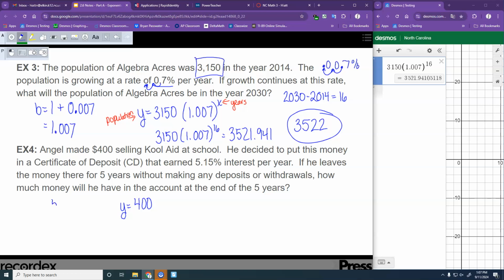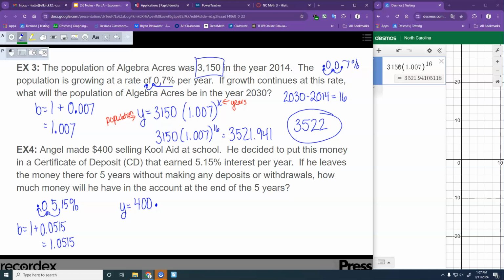So we need to change it to a decimal by moving that decimal 2 places. And so for our B value, we are going to have 1 plus 0.0515. That is just going to give us 1.0515. So that is what we're going to use as our B value.